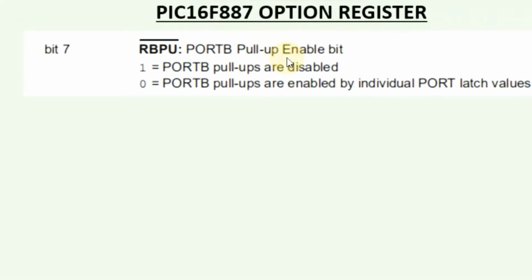On Port B we have 8 pins, and all these pins can be used under the pull-up option. If you want to enable it, this bit, bit 7 of the option register, must be made 0 because it is active low. If this bit is 0, then Port B pull-ups are enabled. If this bit is 1, then Port B pull-ups are disabled.